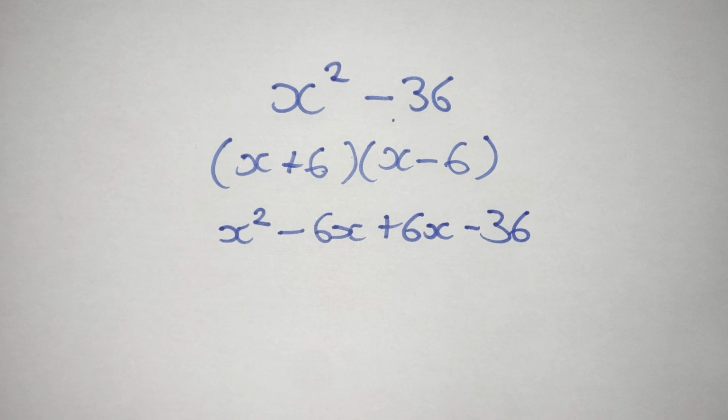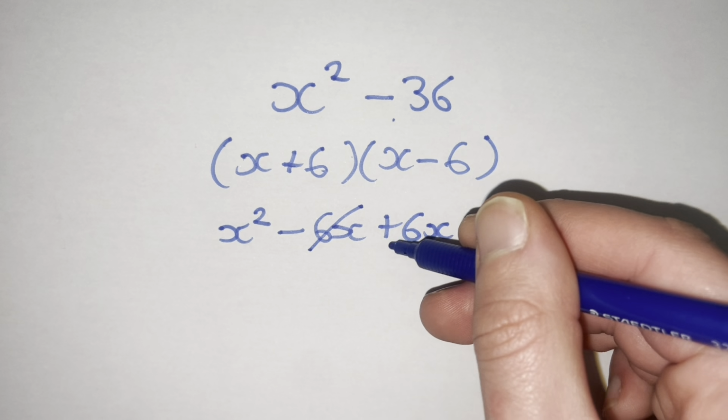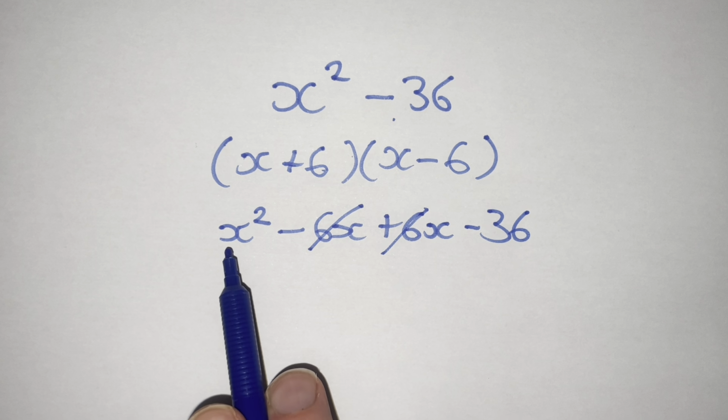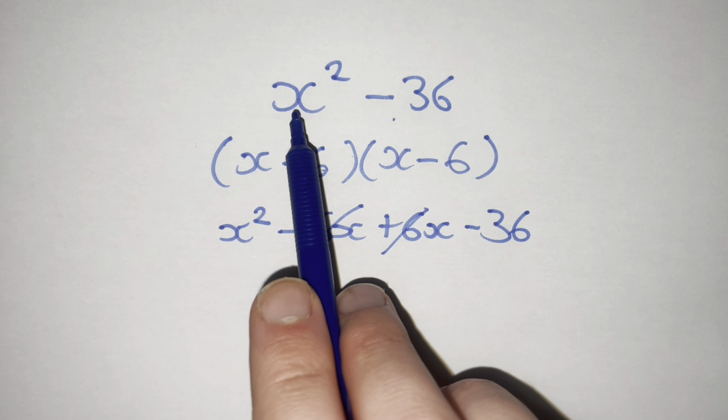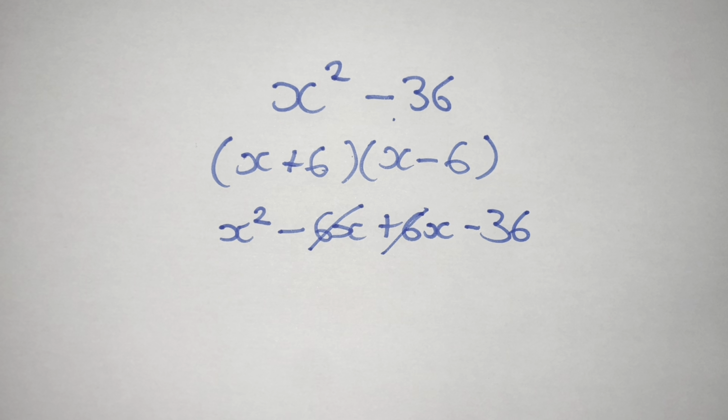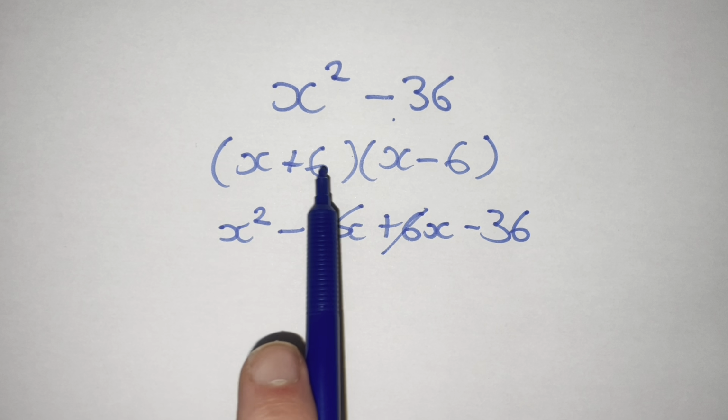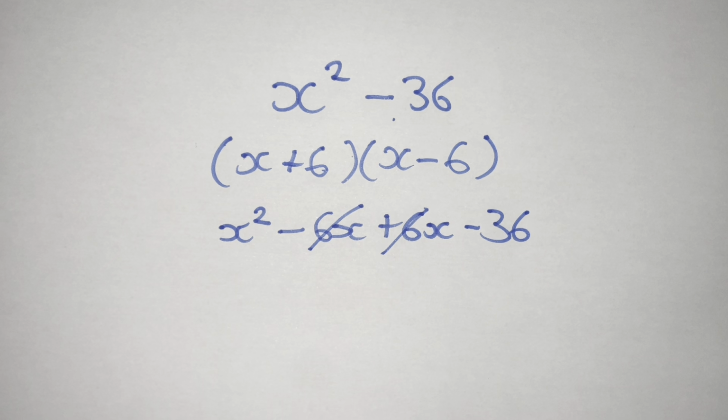Now, when we simplify this expression by collecting like terms, we see we've got these two x terms in the middle, but actually they cancel each other out because it's negative 6 and positive 6. That just gives us 0. So they cancel out, and we're just left with x squared minus 36, our original expression, meaning our answer was x plus 6, x minus 6.